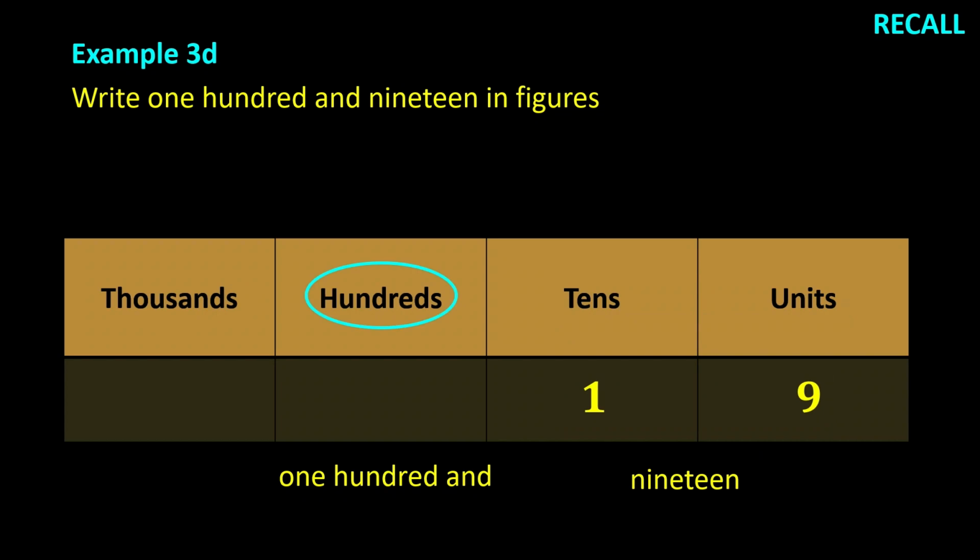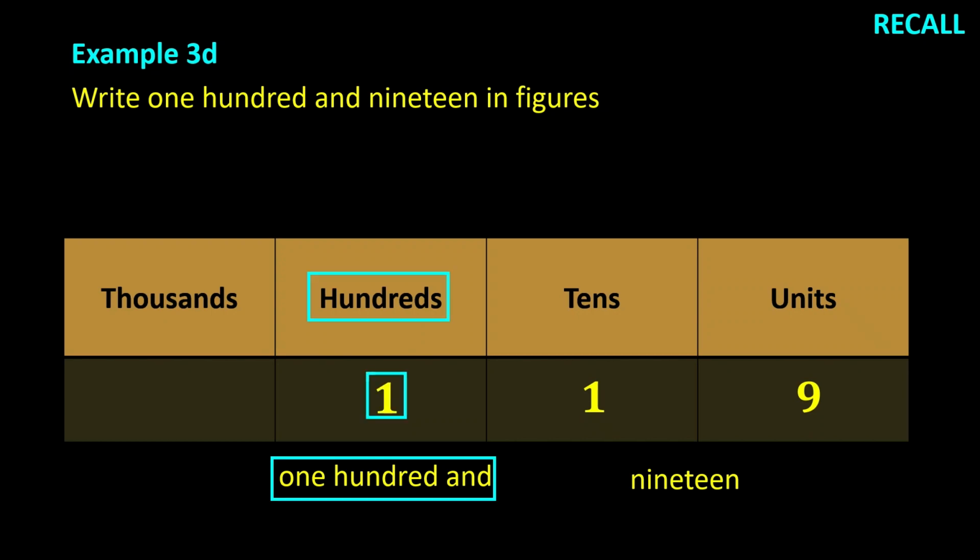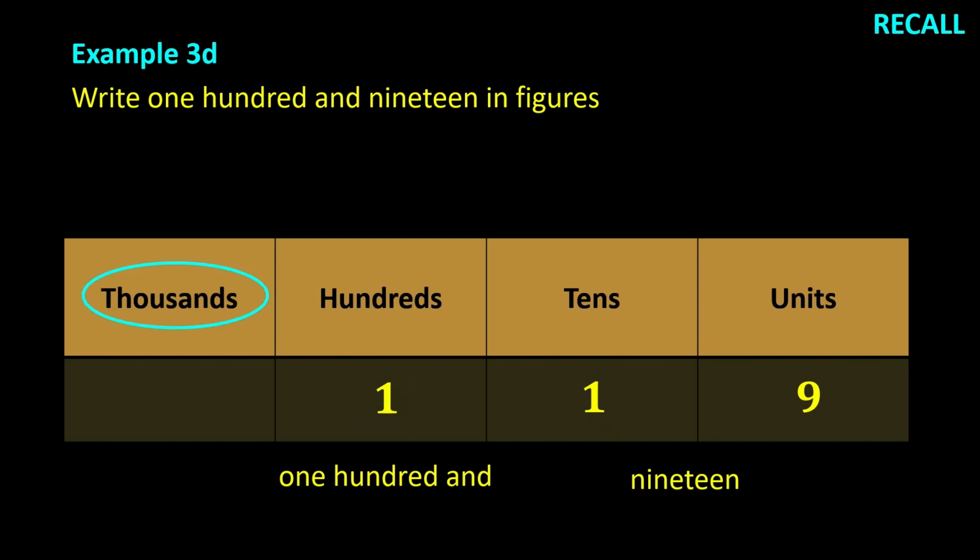And of course in the hundreds column we will put 1 here. Since there are no thousands, we put nothing in the thousands column, since this is the leading digit. So 119 is written as 119.